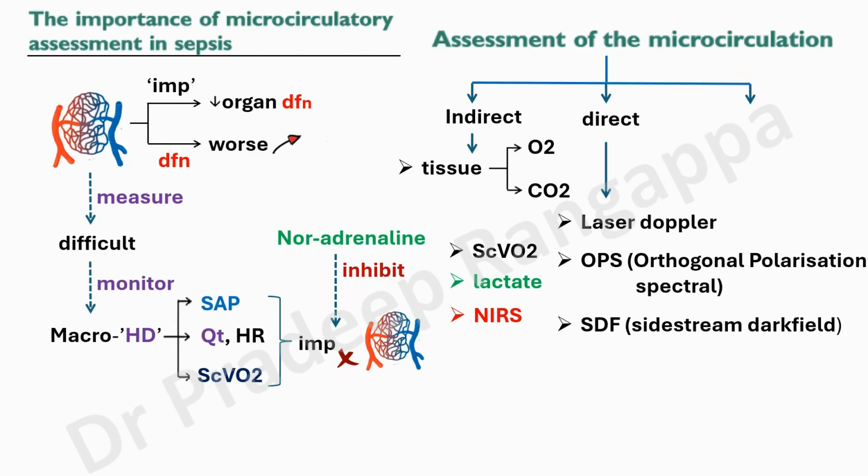So these are the tools that are available to look at direct measurement of microcirculation. And then you have vascular occlusion techniques. I believe going forward in the future, vascular occlusion technique seems to be something that should possibly evolve and may become a bedside tool to assess microcirculation, and looks more promising to me.